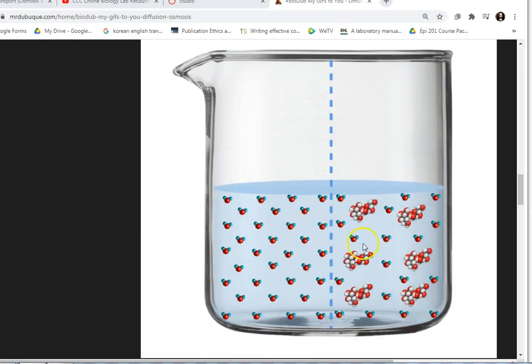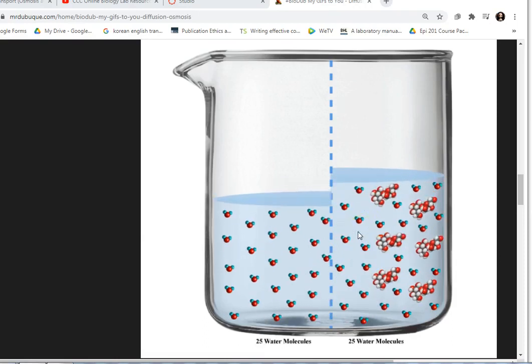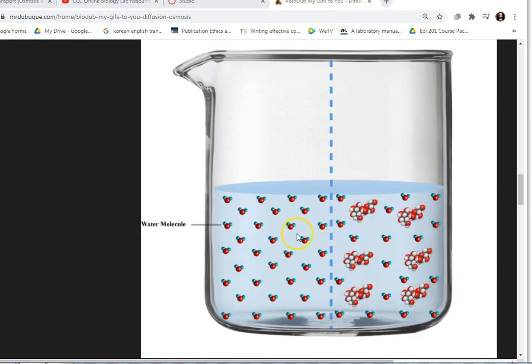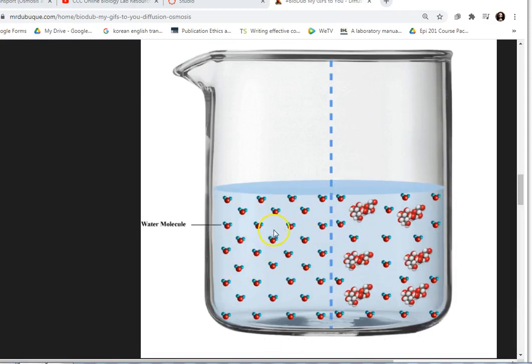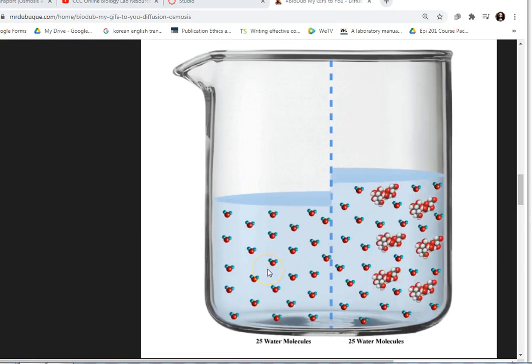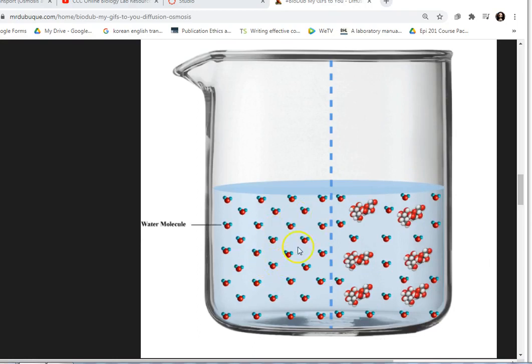By doing that, we are diluting the glucose solution, hoping that the concentration of the glucose solution on both sides will equalize. But of course, because in this sample there is no glucose on one side, that would be an impossibility. There's no way for this particular setup to really reach a true equilibrium.